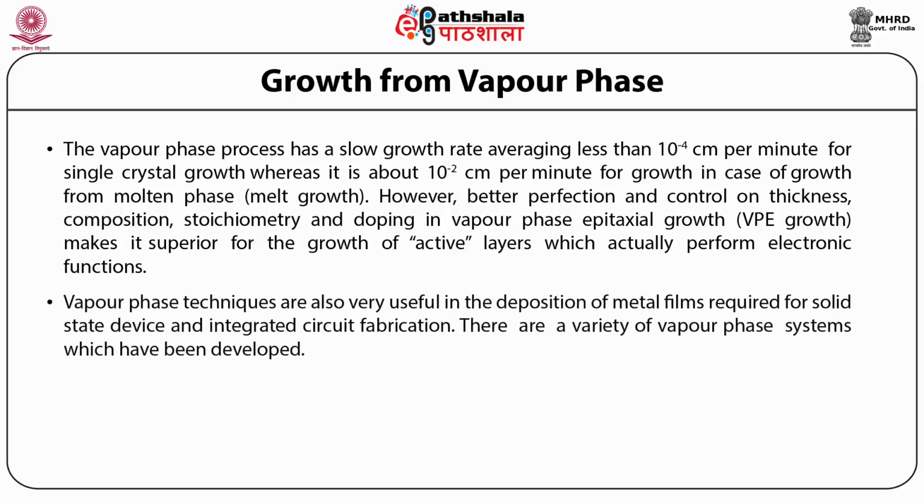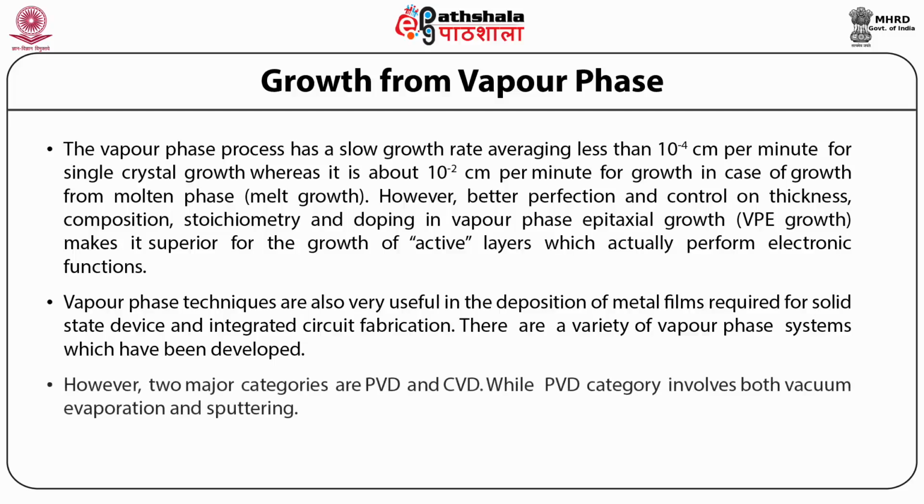Vapor phase techniques are also very useful in the deposition of metal films required for solid-state device and integrated circuit fabrication. There are a variety of vapor phase systems which have been developed. However, two major categories are PVD and CVD.